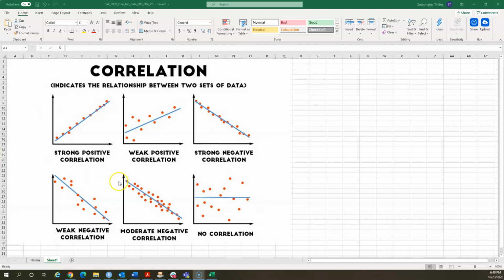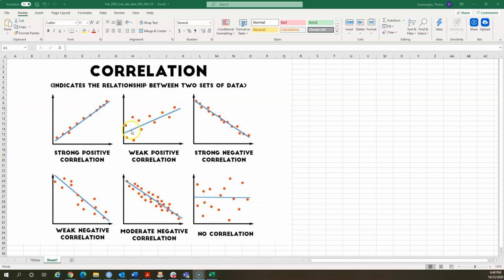In this example, you're still looking at a positive correlation. You can see that when x increases, y increases, so it's positive. Now, how do we know it's weak? Compared to the previous one, where all the data points perfectly fit on the regression line, here the data points are scattered.